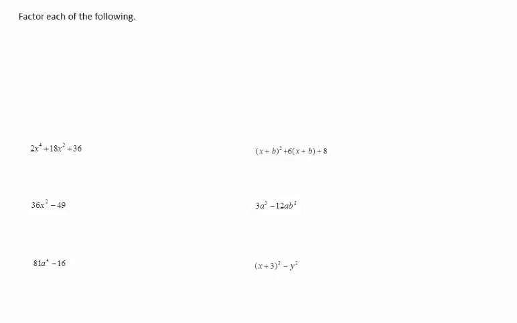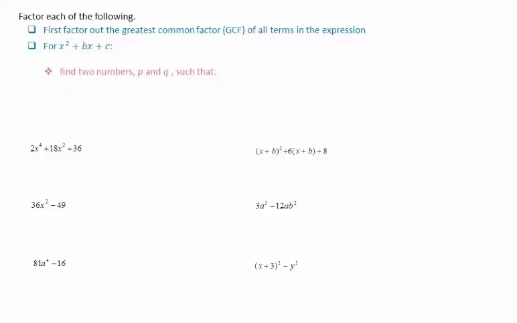Factor each of the following. First, factor out the greatest common factor, or GCF, of all terms in the expression. Once this is done, if you get an expression of the form x squared plus bx plus c, we have to look for two numbers.